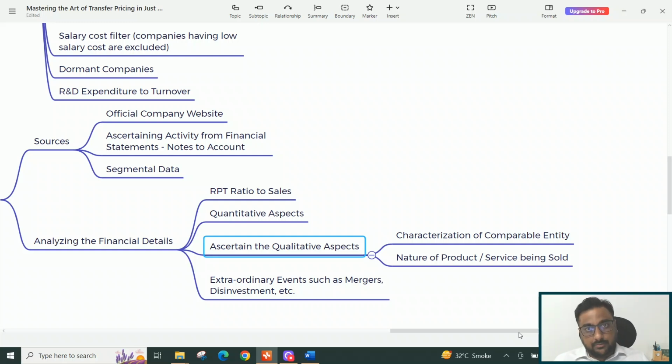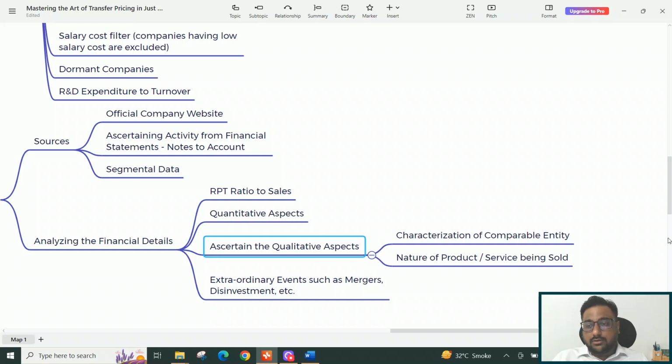But if those companies are also engaged in distribution of crockery sets, and vis-a-vis my tested party is also engaged in distribution of melamine crockery sets, then I can take those companies as comparable companies. There could be n number of cases revolving around such things, but these are the two fundamental things that you should check: that the product should not be very vague, or it could be a similar kind of product, but the comparability needs to be ascertained on the functional basis, right?